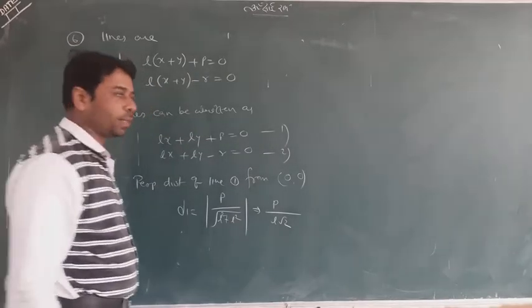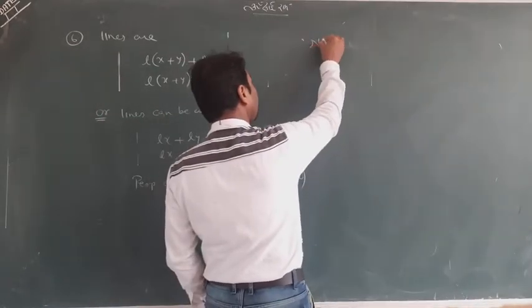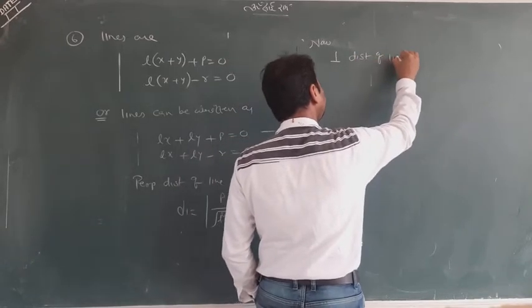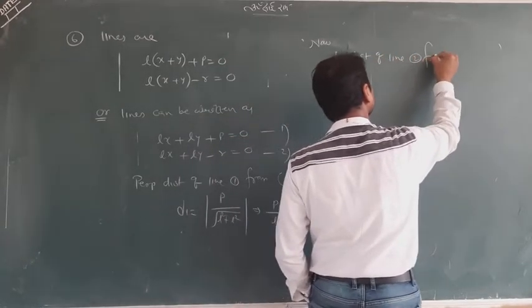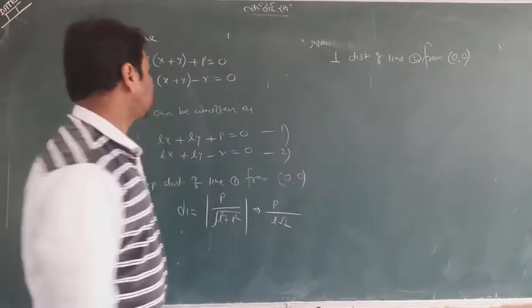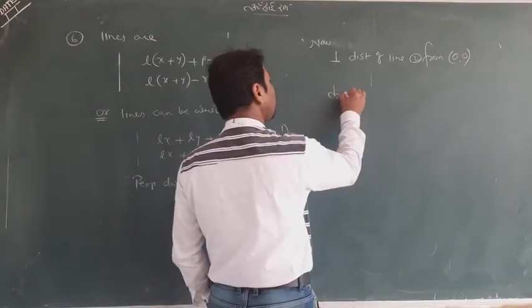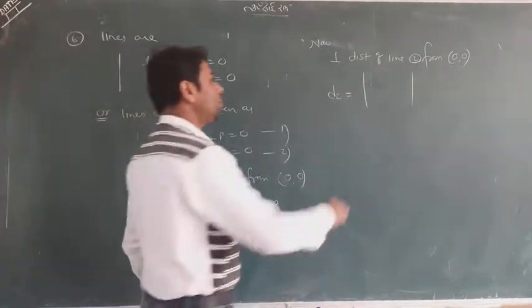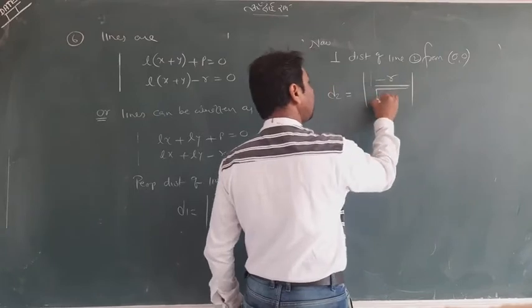That is my d1. Similarly, I write the perpendicular distance of line 2 from the origin point, that is d2, and the distance is minus r upon the same thing.